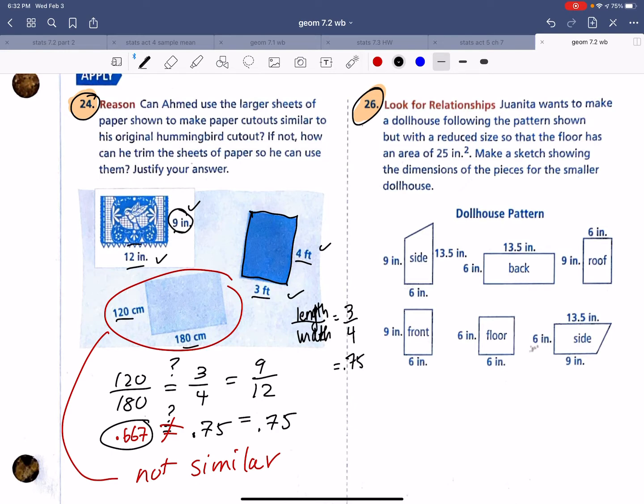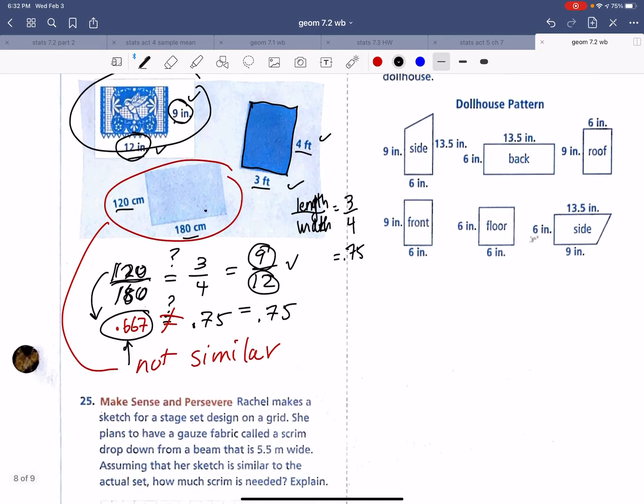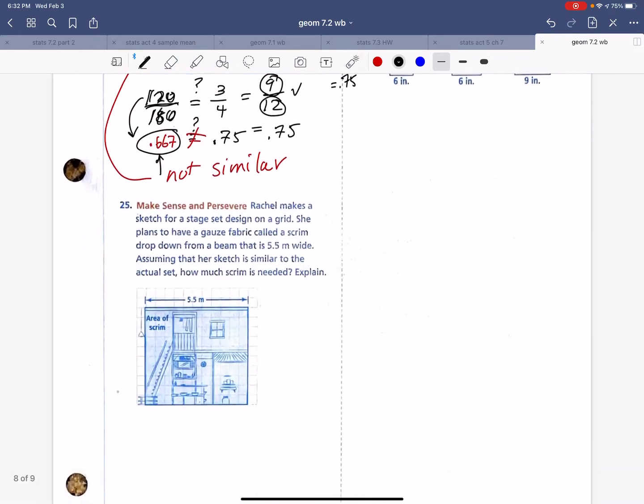So when I do the same with 9 and 12, which happened in our example, that's equal. So we're good to go here. This one's good. But if we notice this one, 120 over 180 makes a different decimal. So this one's not similar. Now you might think though, maybe we could cut some of the width or cut some of the height or both to make it similar.